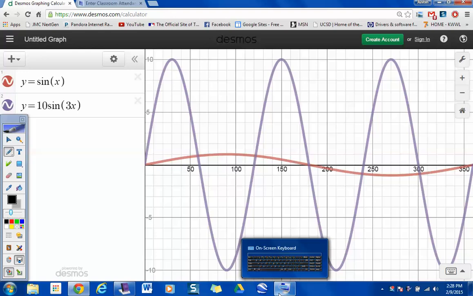Guys, this here was stretched out for a whole cycle this far. Does this look like it got compressed or stretched out then for the purple graph? Compressed, okay. We took 360 and divided that by 3, which we said was every how many degrees?